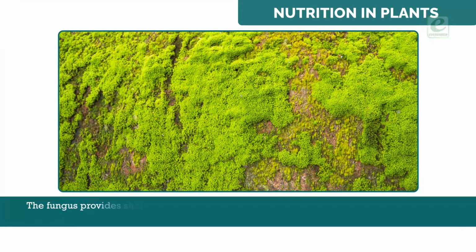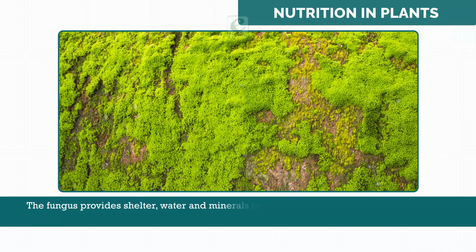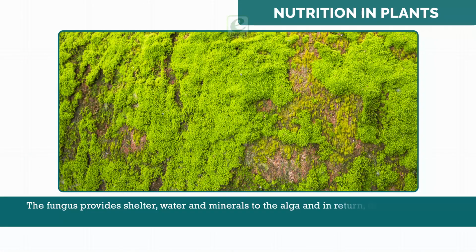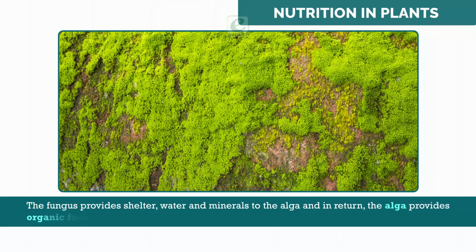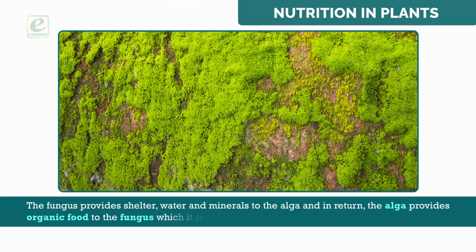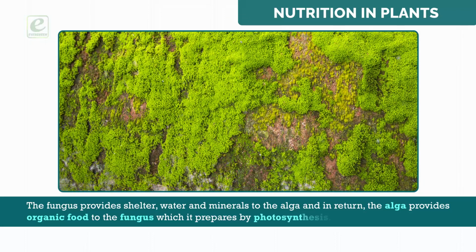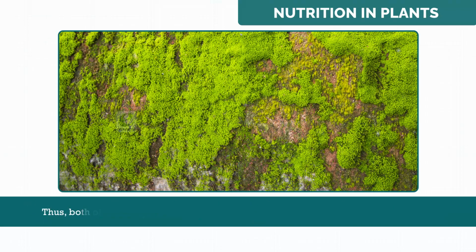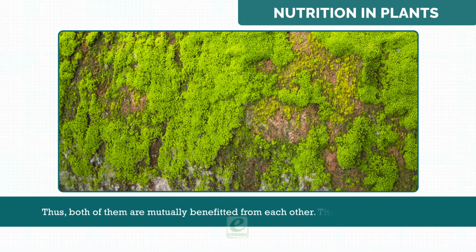The fungus provides shelter, water, and minerals to the alga, and in return, the alga provides organic food to the fungus, which it prepares by photosynthesis. Thus, both of them are mutually benefited from each other. This is called symbiosis.